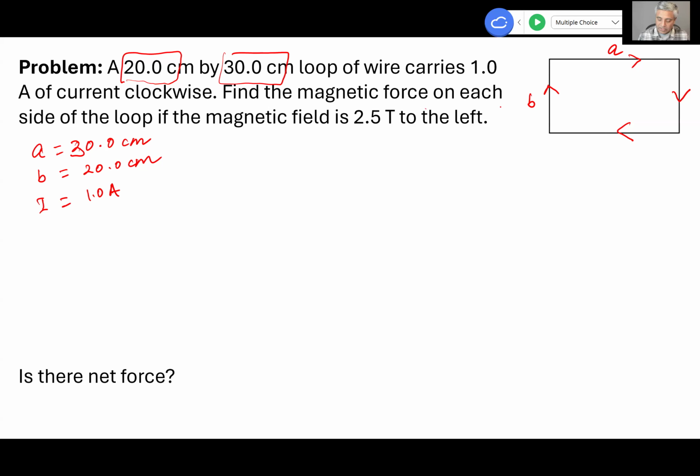Find the magnetic force on each side of the loop if the magnetic field is that much Tesla. 2.5 Tesla. Okay. And to the left means the magnetic field is going something like that.